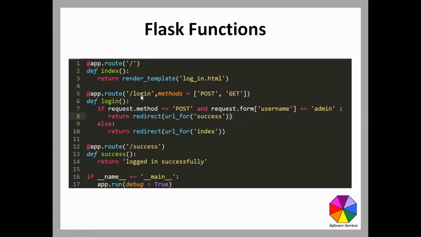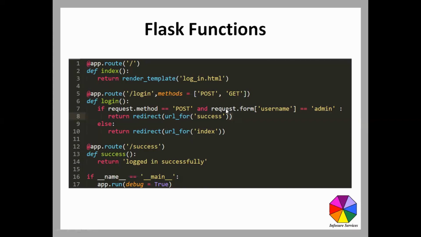Here, upon login, when the method is POST, so here def login is our function, request.method is POST, and from that form, if the username field has the admin user, return redirect url_for success. So I have some success.html, which takes this form, redirect to success.